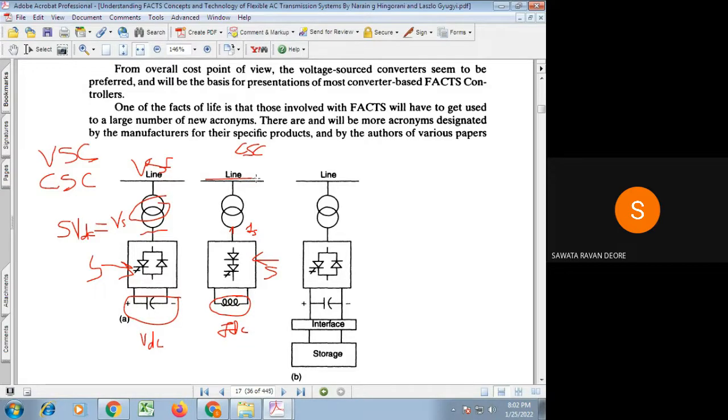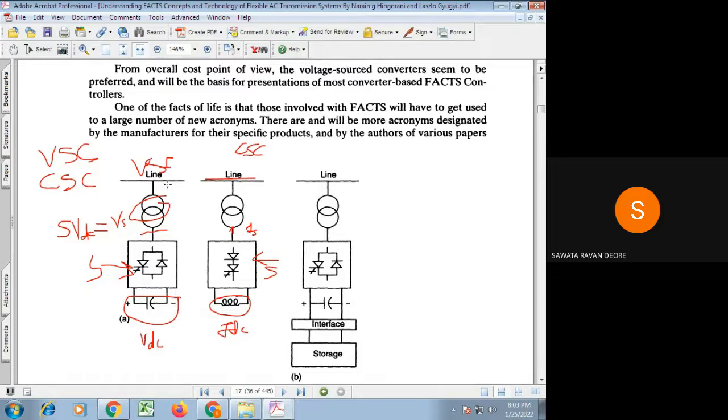So in that way, in the current source converter the DC link current is constant, and by controlling this current flow from DC side to AC side, we are able to control the reactive power exchange. Whereas VDC is constant in the voltage source converter, and by controlling this switching, we control the current exchange.